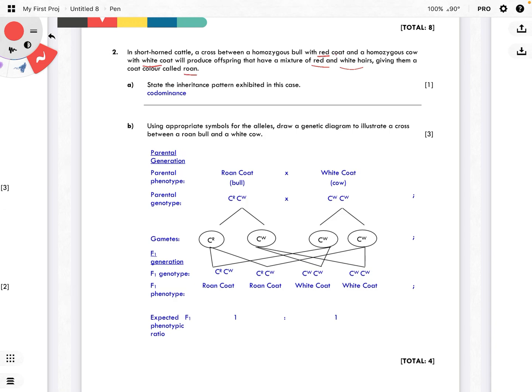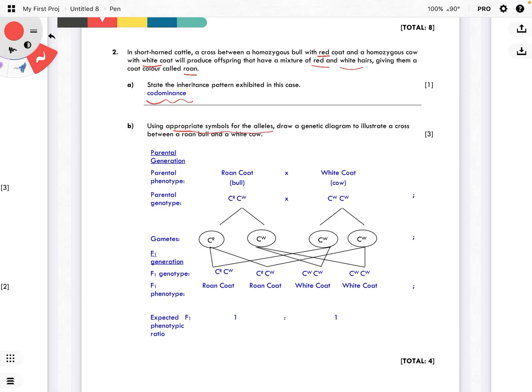We've gone through this example in class. This is an example of co-dominance because both red and white traits were equally shown and expressed in the phenotype.